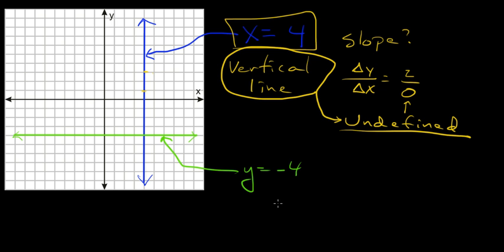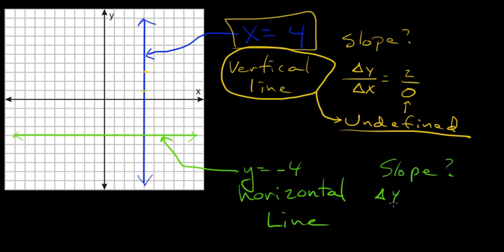And what is the slope? This is, of course, a horizontal line. So what's the slope of that horizontal line? Well, change in y over change in x. Let's take 2 points. Okay, between these 2 points, my change in y is 0, and the change in x is 2.